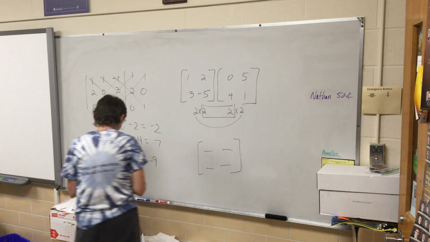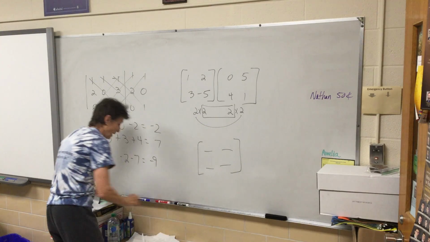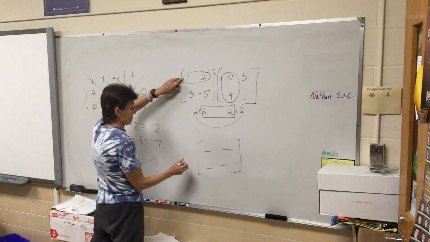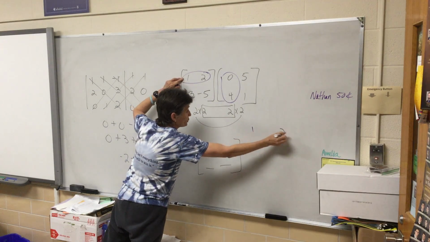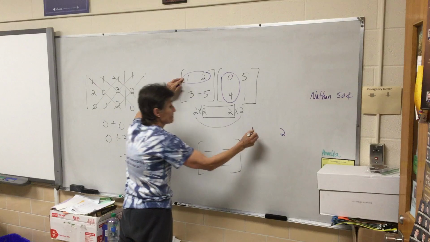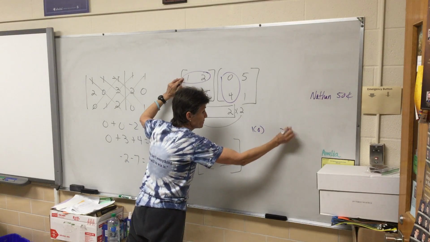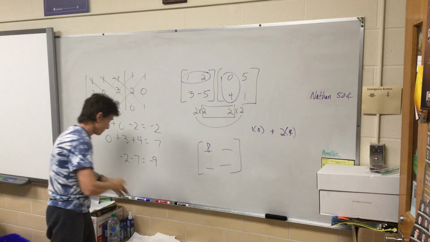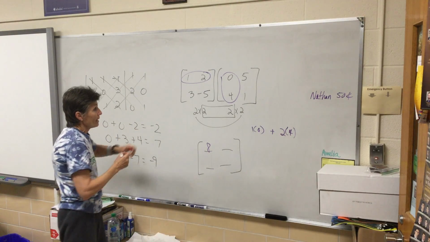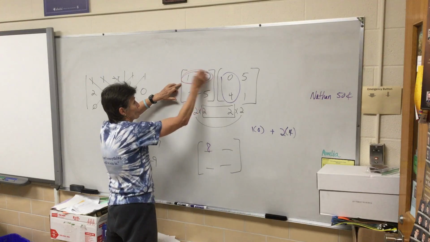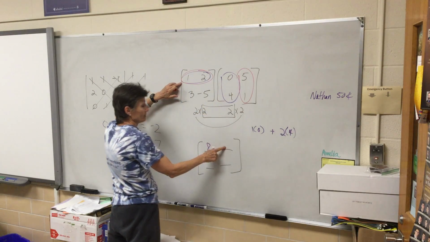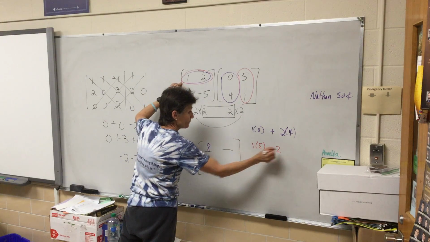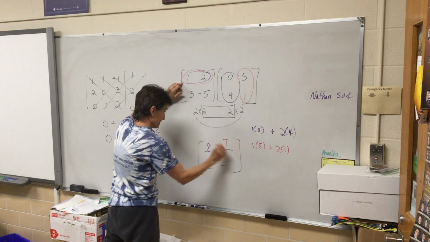So now I will multiply first row times first column. So 1, 2 times 0, 4, and that's going to give me an 8. And then I'll multiply first row times second column. So 1, 2, 5, 1. That gives me a 7.